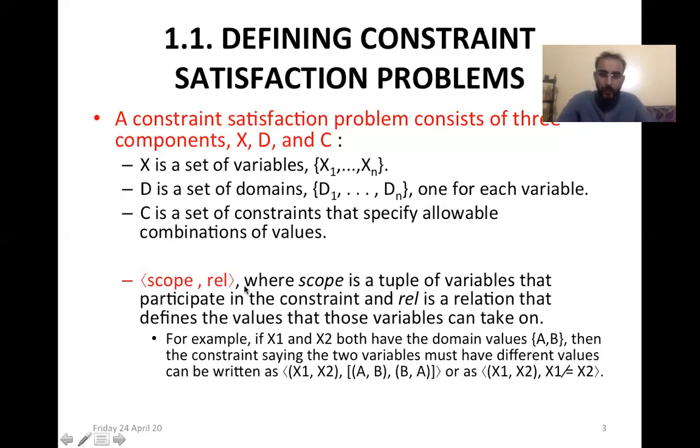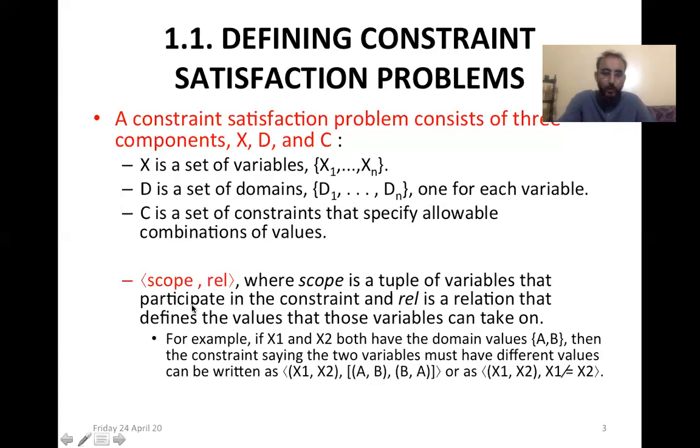You write a single constraint in the form of a scope, comma, relation pair, within angle brackets. These angle brackets are not necessary. You have other short notations to represent your constraints, as you normally do in mathematics, so here we have a freedom in the representation of constraints.